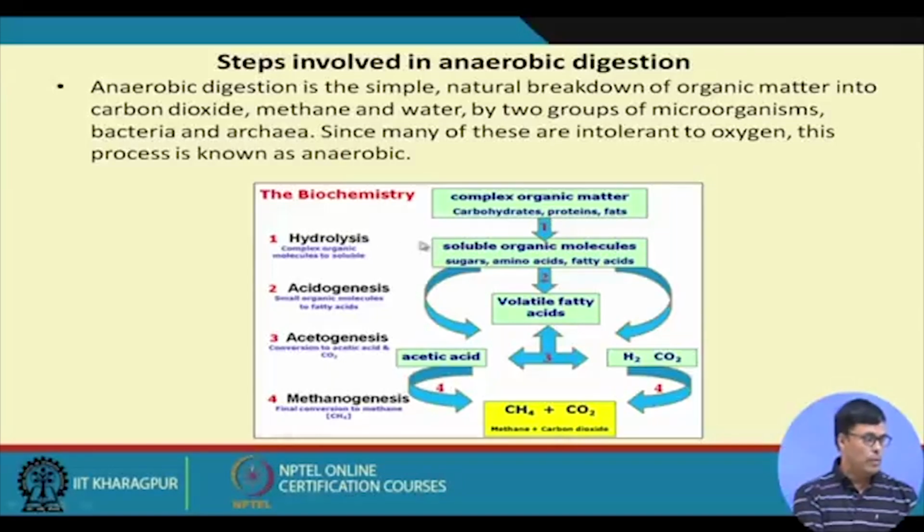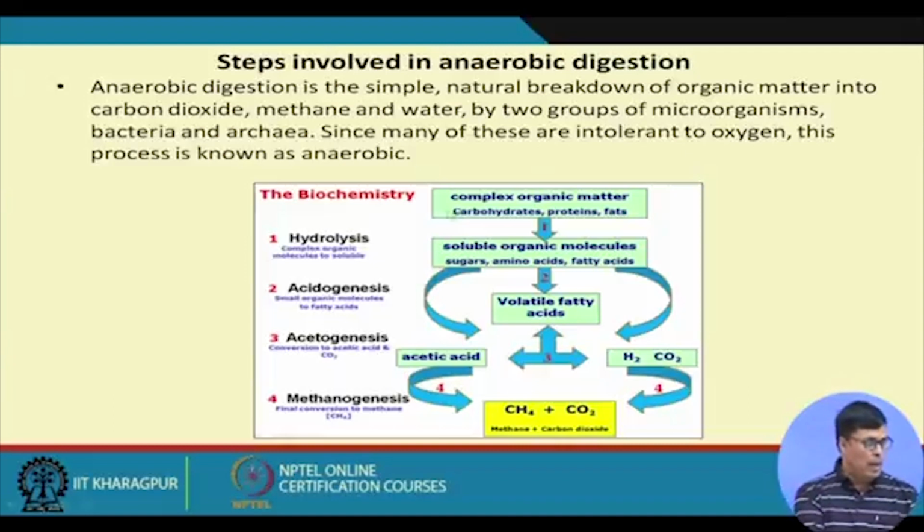I told you hydrolysis takes place when a water molecule is involved in the reaction. It produces sugars, amino acids, and fatty acids, and then passes through acidogenesis, through which they produce volatile fatty acids, and these volatile fatty acids are again converted to acetic acid, hydrogen and carbon dioxide, and through methanogenesis they are converted to methane and carbon dioxide.